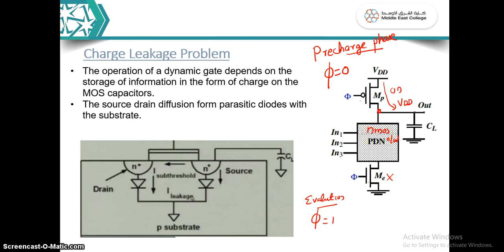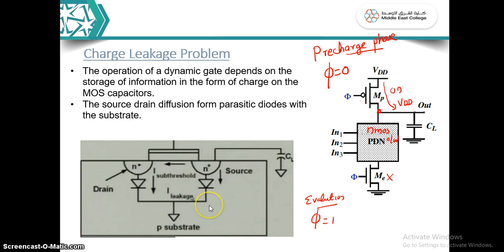If the clock period is too long, then your capacitor CL will start discharging, but your NMOS network is off, correct? Even though it is off, unfortunately there will be parasitic diodes through which your capacitance CL will discharge.